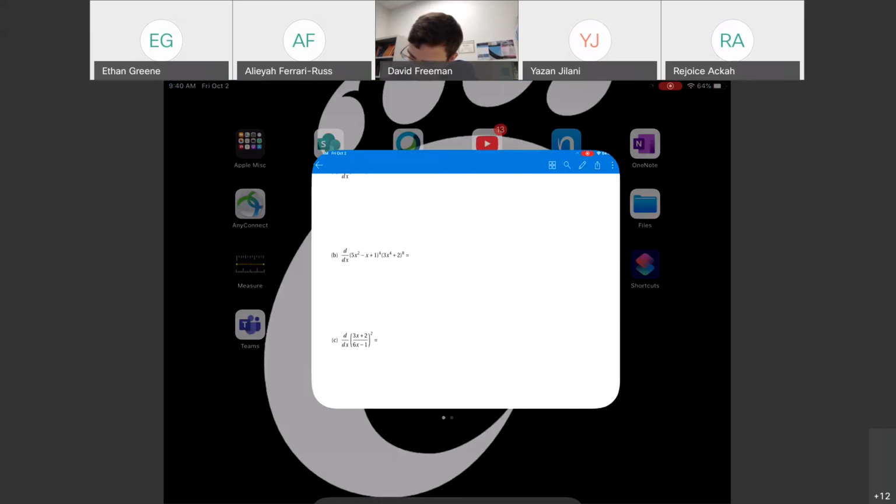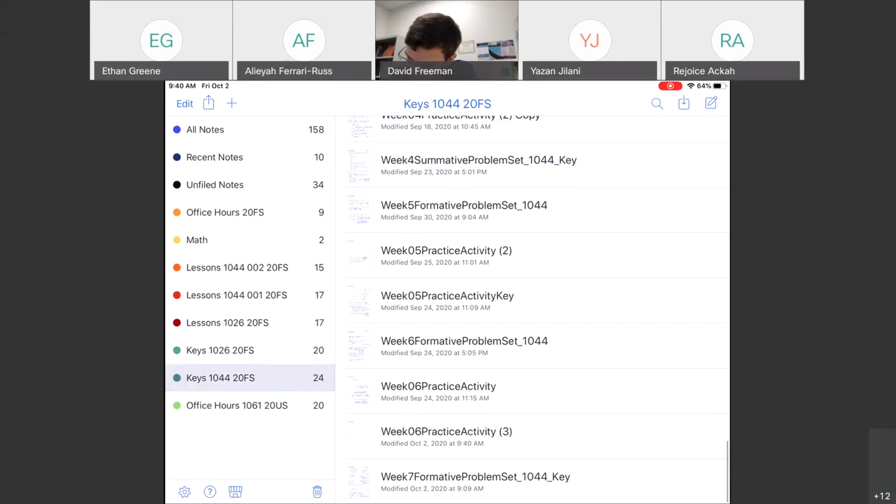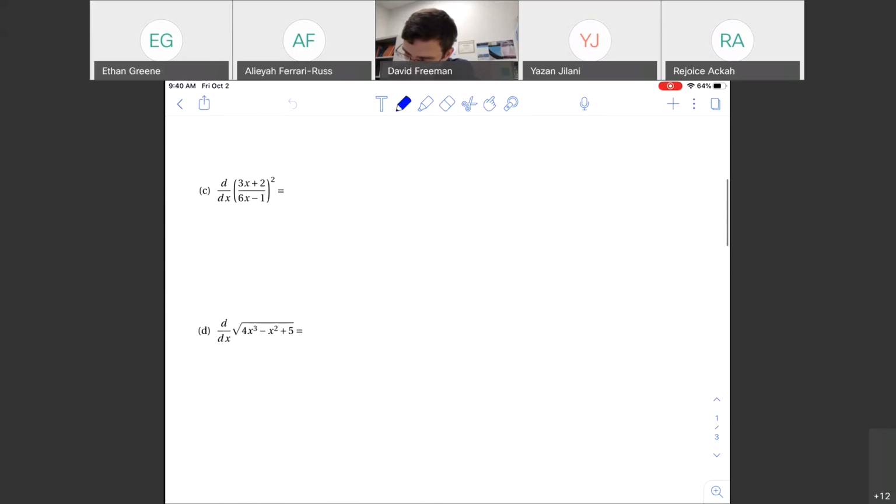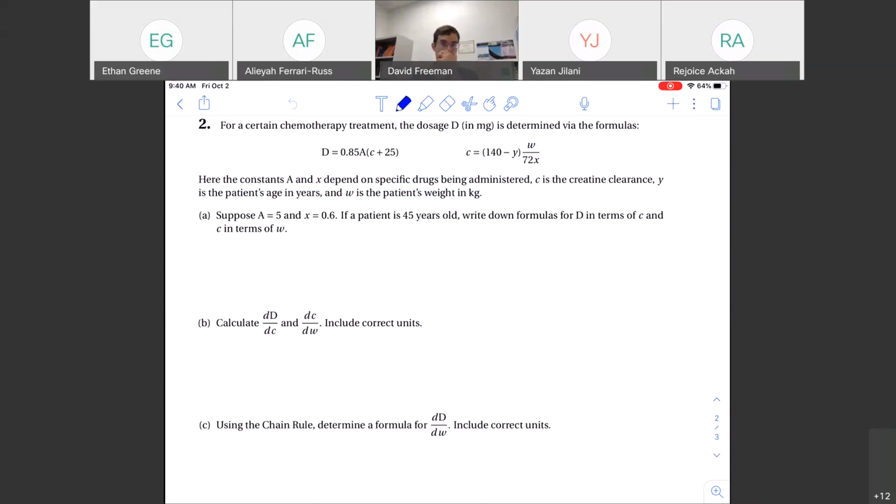So let me open this in my app here. The problem I'm talking about is right here. It might be too much to copy down by hand, but maybe you can open it up on your own computer or your phone or whatever you're using so that you have it to look at. And we can try to talk about it together.